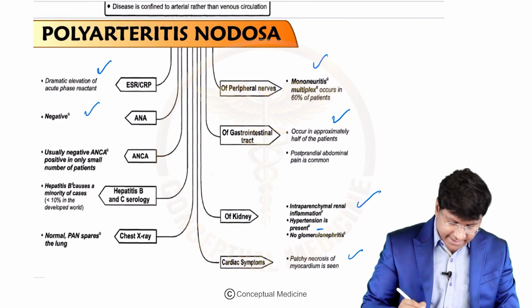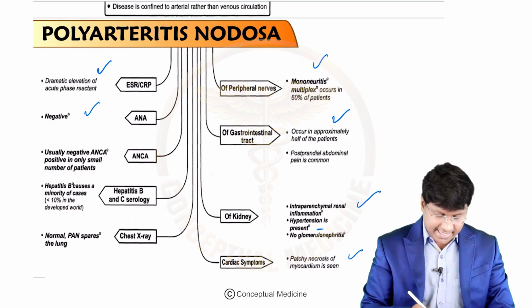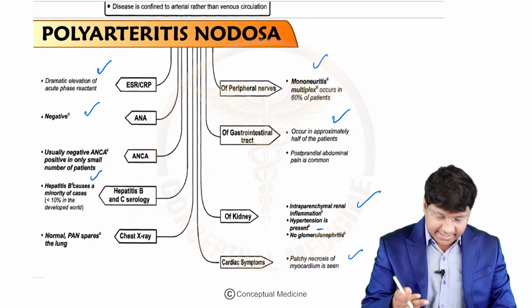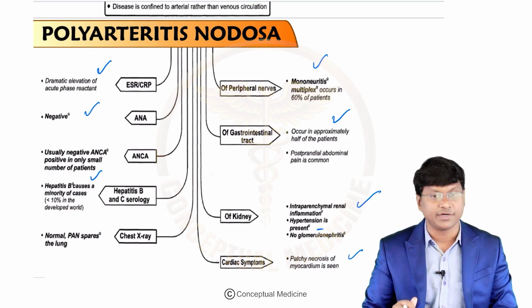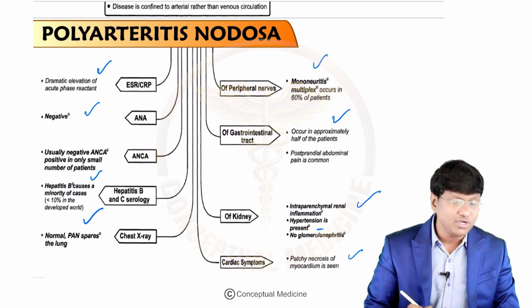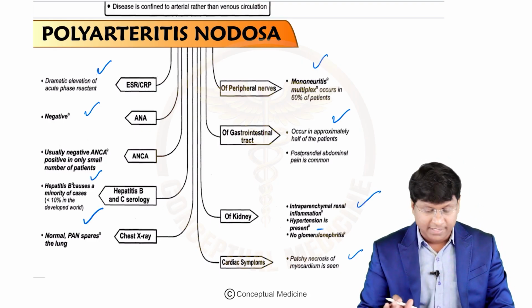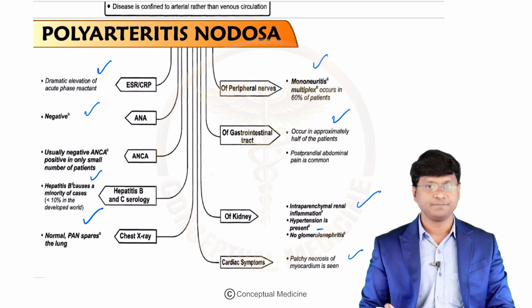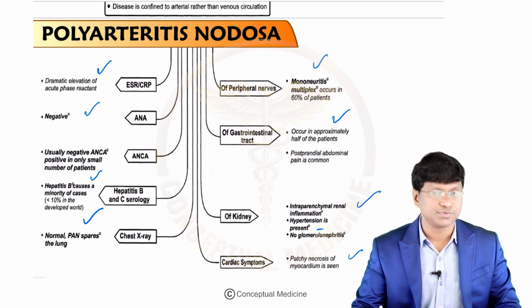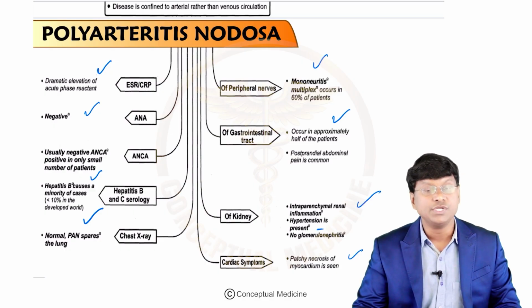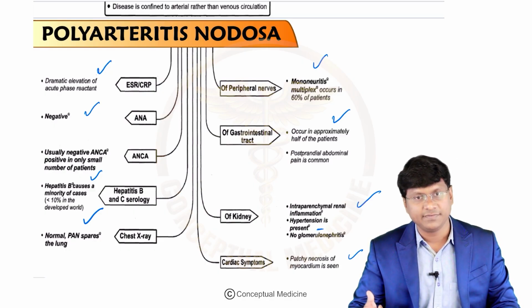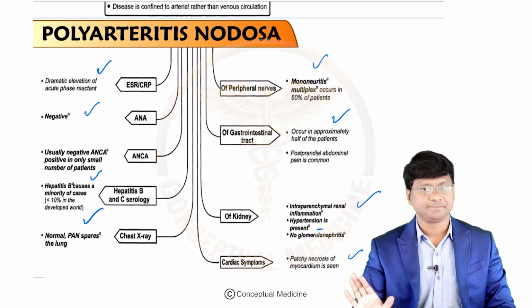It is an ANCA-negative vasculitis. Hepatitis B causes the development of polyarteritis nodosa in a minority of cases. There is sparing of the lung, which is why the chest x-ray is absolutely normal. Treatment is high-dose corticosteroids, and to maintain remissions you need to give methotrexate, or even azathioprine can be given.